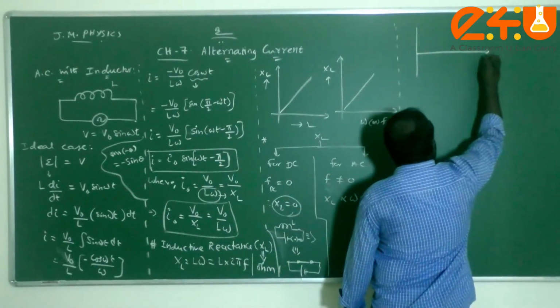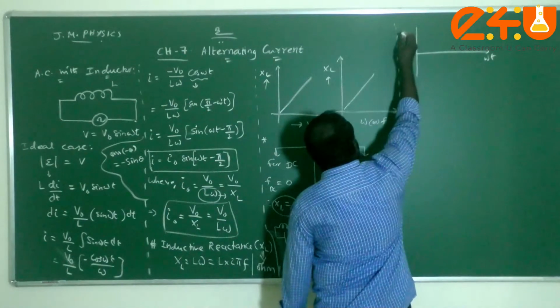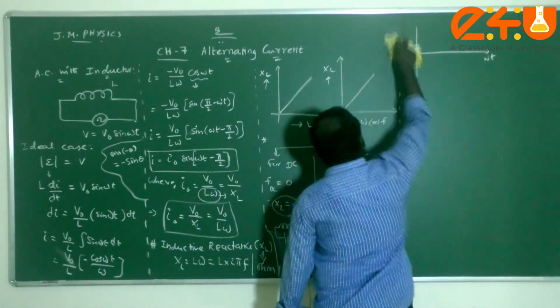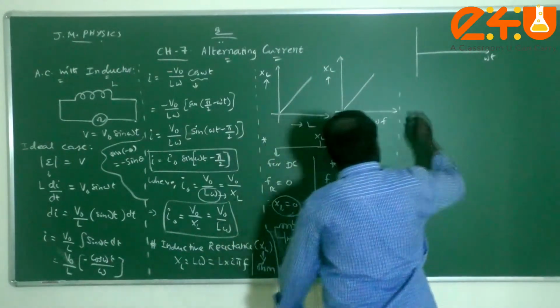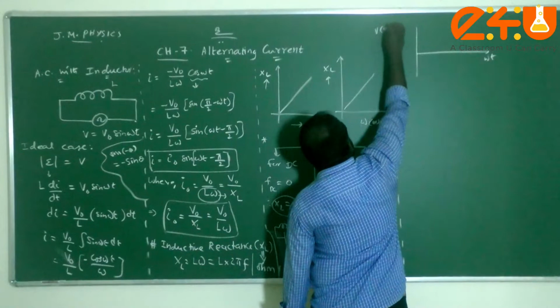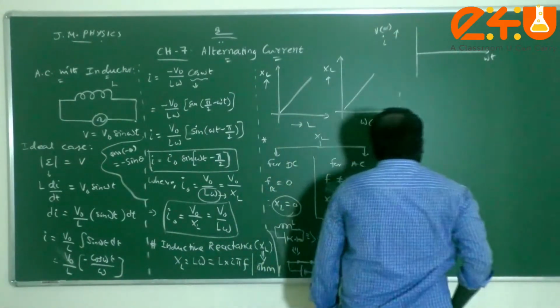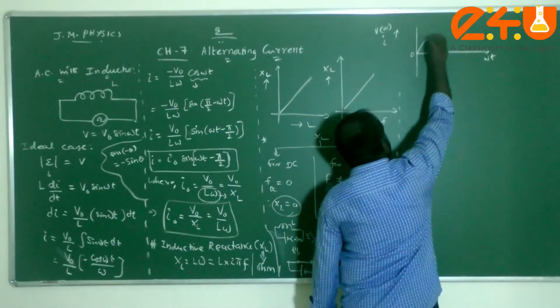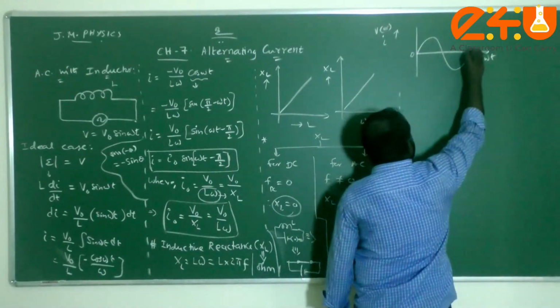One is the voltage graph, which varies with respect to time. Here you may take either voltage or current. For our easy reference, just keep the voltage as a sine curve.